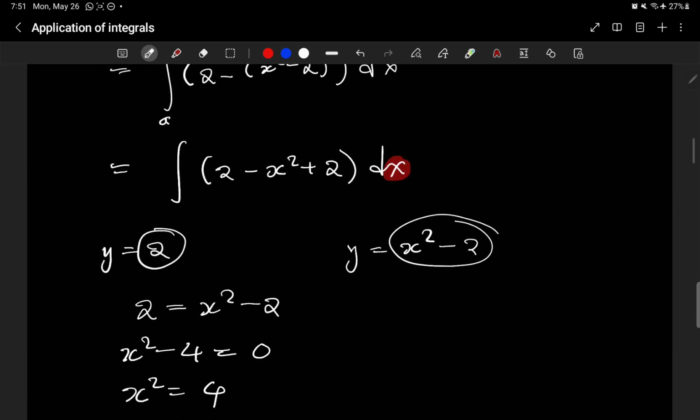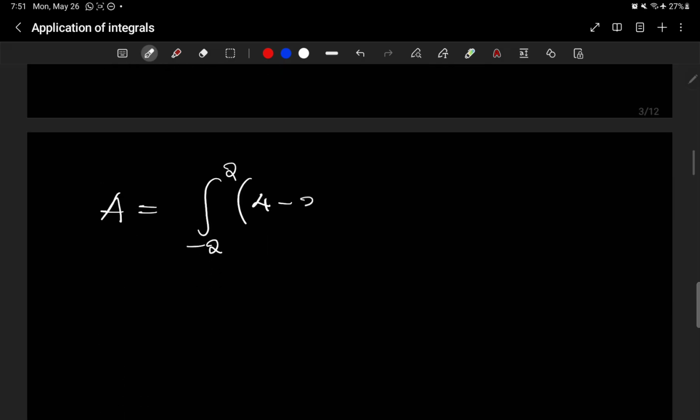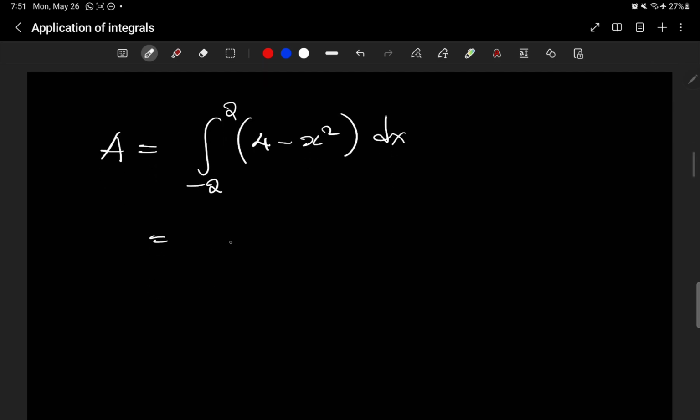The integral from minus 2 to 2 of, so that is going to be 4 minus x squared dx. When we integrate here, we'll have 4x minus x to the power 3 over 3. So this is from minus 2 to 2.